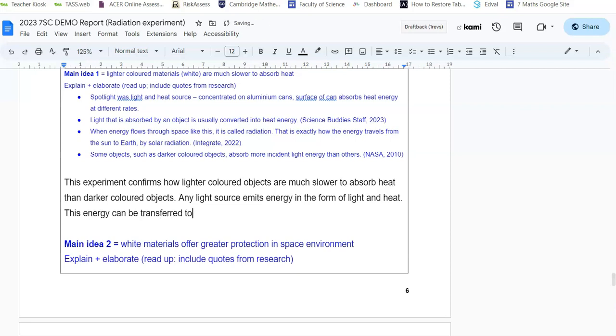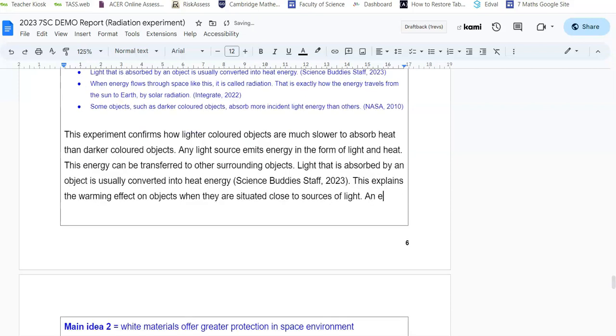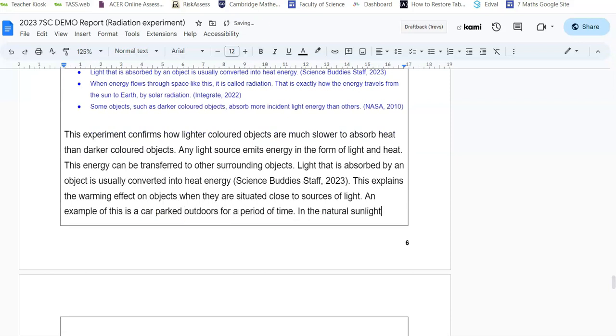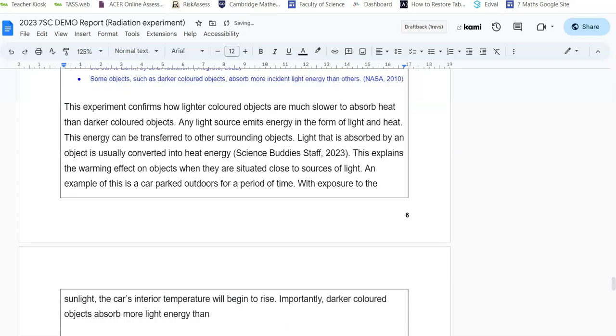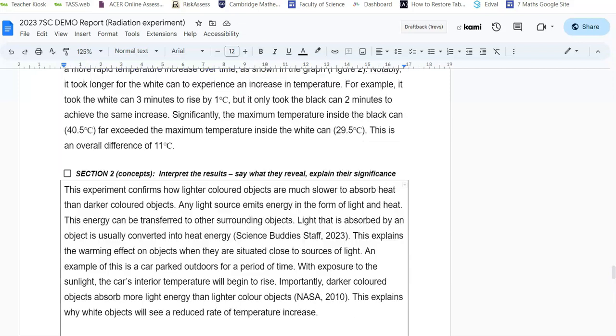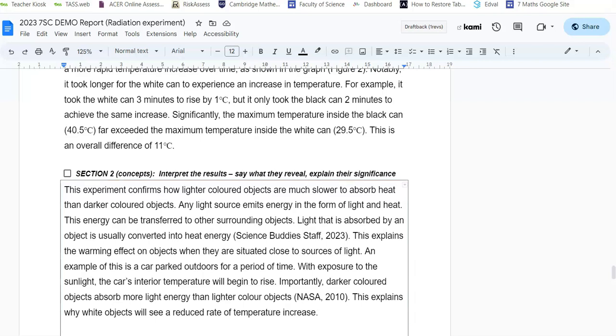And you can read ahead to see how that's written. Once you've done that, you've written the first part of section 2, saying what the results reveal.